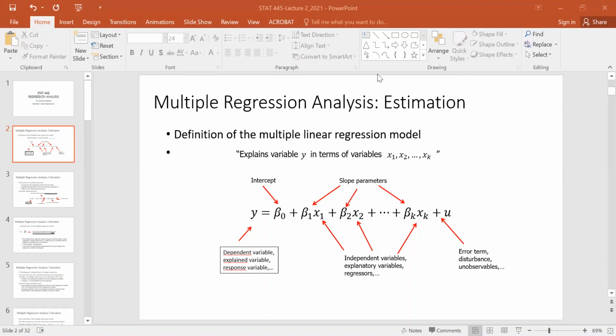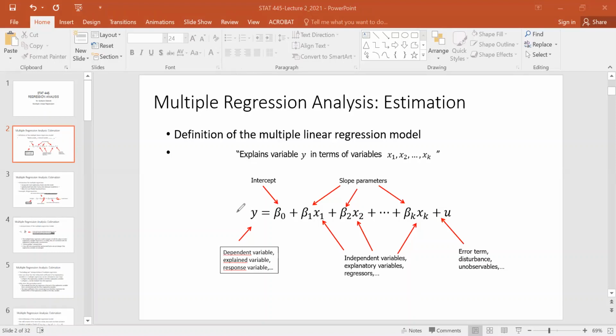In the first lecture, we talked about simple linear regression where we had only one regressor. In this lecture, we introduce multiple regression. As the name suggests, we'll have more than one regressor in this analysis. The model is not different from what we learned in simple regression analysis.